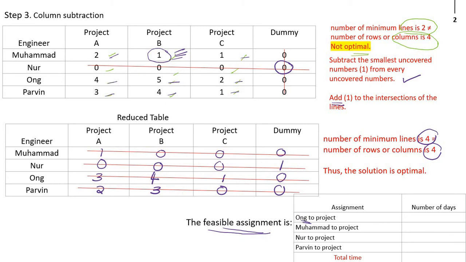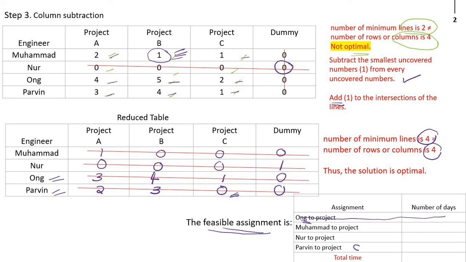If we look here, Ong will be assigned to the dummy, and the dummy column will be ignored, meaning that Ong is eliminated. No project will be assigned to Ong. And the second one, we look at Parvin. For Parvin, we ignore the dummy column, meaning that we look at the 0 value here. For Parvin, we will assign project C.